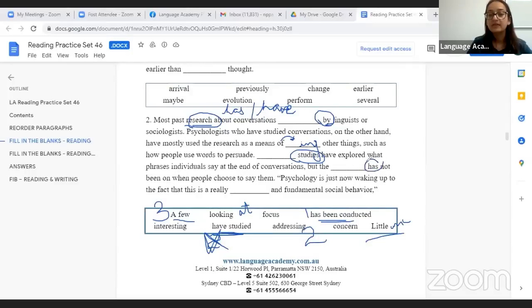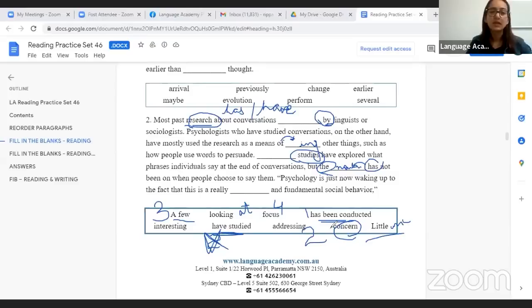So has tells us that the answer has to be singular here, and after the we always use a noun, but the dash has not been. We need a singular noun and we have only one, focus, so there was no choice that we had. Do we have anything else? Concern, okay. So focus or concern. So concern is a bit of a negative word.